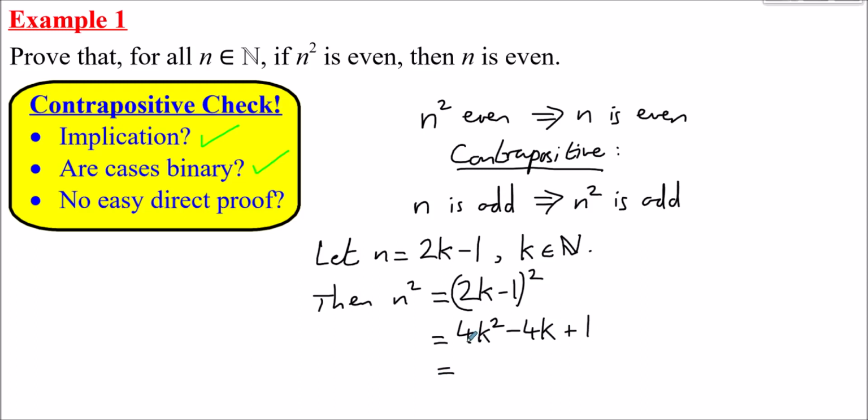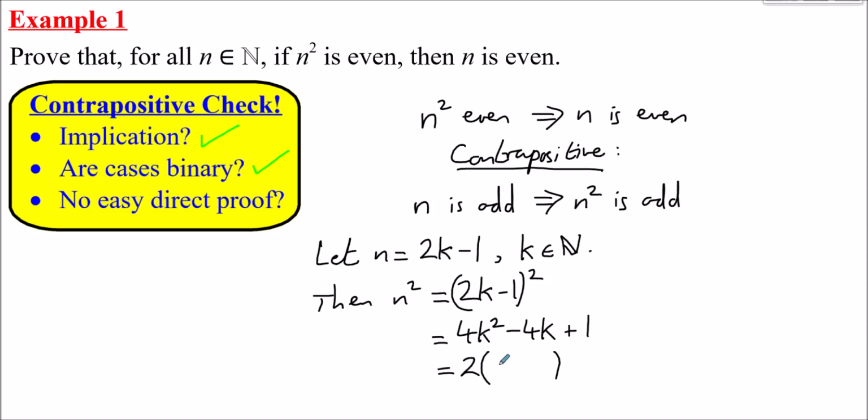And now we want to prove that this is odd. An odd number is either 1 more or 1 less than an even number. So I'm going to deliberately factorise out a 2 from here. If you're thinking I could factorise out a 4, well yes I could, but by factorising out a 2, I'm emphasising that what goes inside here must be even, because I'm making it a multiple of 2, which by definition is even.